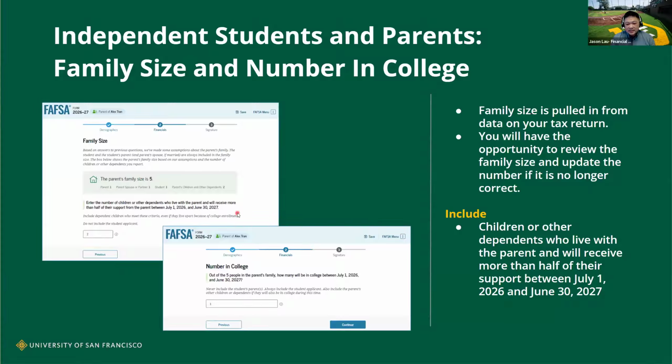Now, who is in the family size, right? If you're a dependent student, that will be your parent or parents, any siblings or children that your parents provide financial support for, as well as any other dependents that your parents provide at least 50% or half of their financial support between July 1st, 2026 and June 30th, 2027.